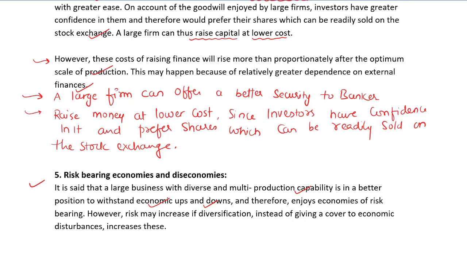They can bear more risk because they have more financial capability, more strength, more equipment. However, risk may increase if diversification, instead of giving a cover from economic disturbances, increases these.